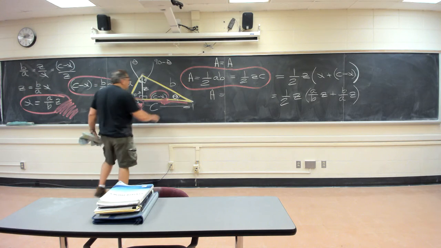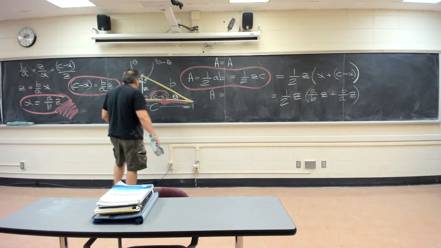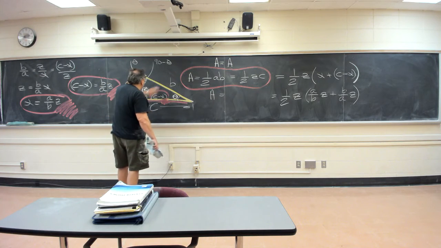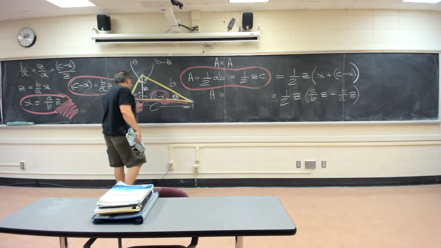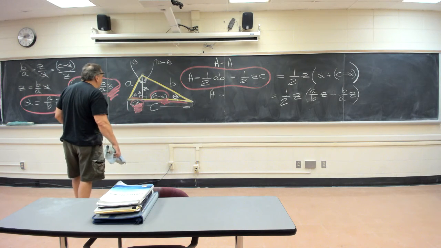C over z is the long run, the long rise over the short run. And that's the same as long rise, so that's b over a. That's b over a is equal to that.